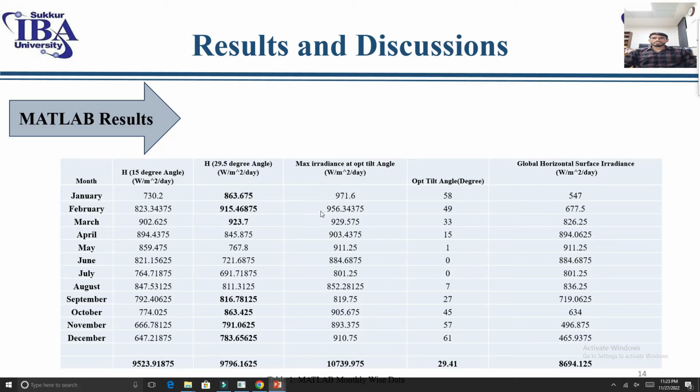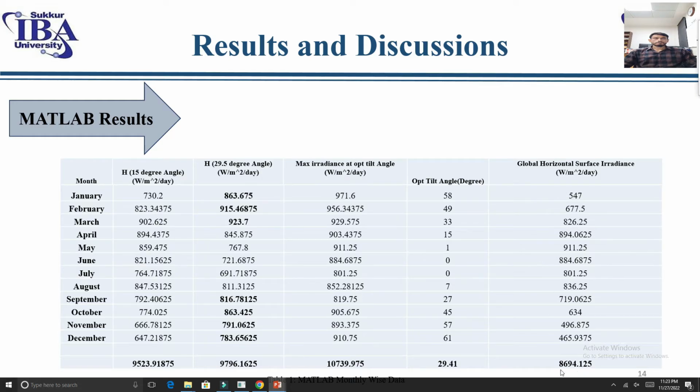And these are the irradiance levels on the optimum tilt angle with respect to the corresponding angle. So for the whole year, 29.41 or 29.5 is the best angle.